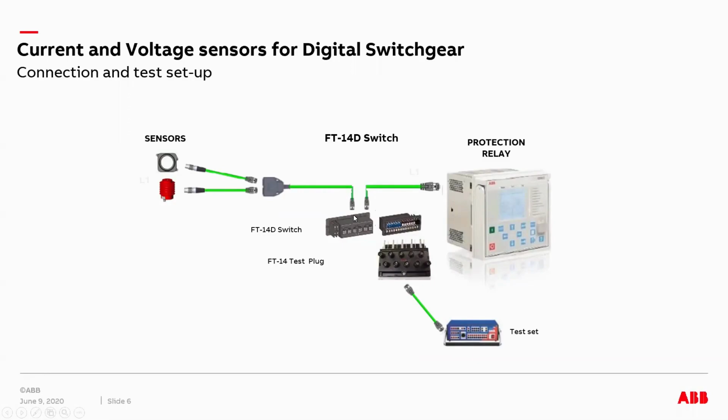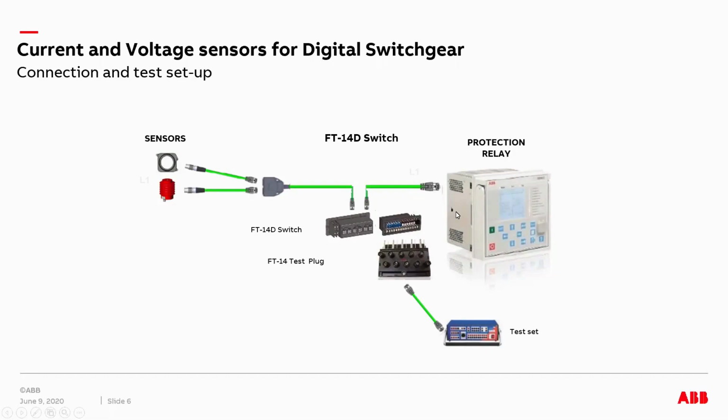It's a digital test switch from the same family of FT switches popular in North America. So we have a digital version of it, which can take the sensor input, and then the output of that goes to the IED. From the relay standpoint, the relay has 3 RJ45 type inputs, 1 per phase. So 3 inputs go into the relay, where the current and voltage from each phase are clubbed together and fed into the device.